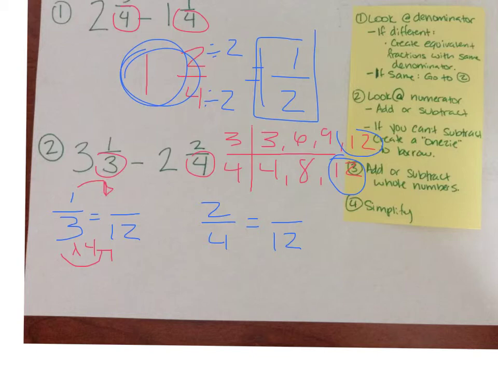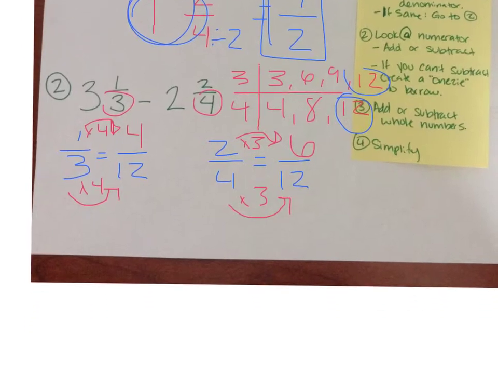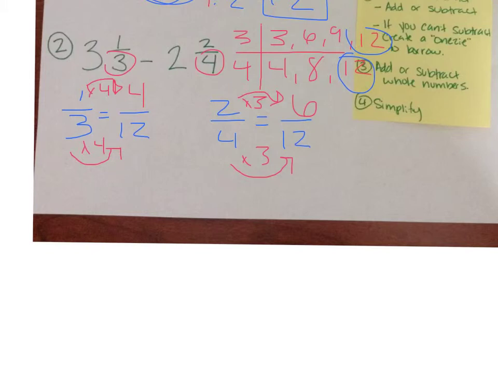When we do the bottom, we have to do the top. 1 times 4 is 4. Same thing on this side. 4 times 3 gives us 12. Do the same thing to the top. 3 times 2 is 6. Okay, so now we have our new fractions. We have 3 and 4/12 minus 2 and 6/12.